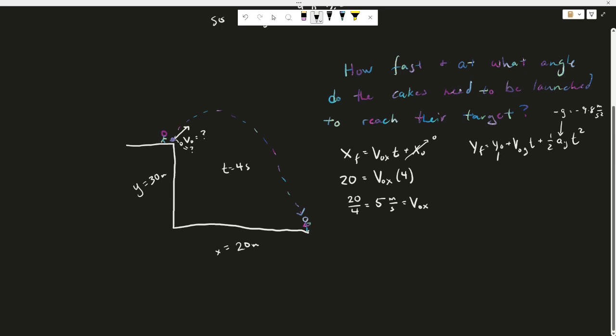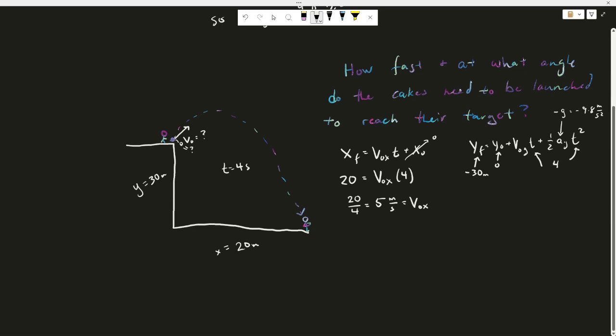Now I know that my y initial is going to be 0, because I'm going to call the point that we're starting at the origin, or 0, 0. Y final in that case is down 30 meters, which means that it's negative 30 meters. And I know in this case that both my t's will be 4 seconds.